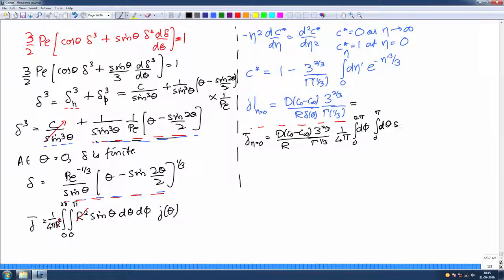d theta sin theta, into this boundary layer thickness. Peclet number power minus 1/3, sorry, I should have 1 over the boundary layer thickness.